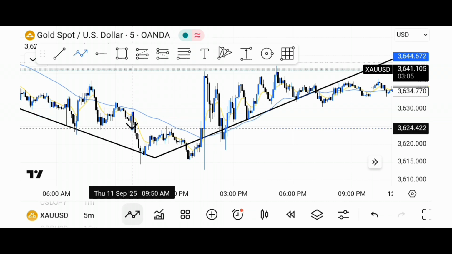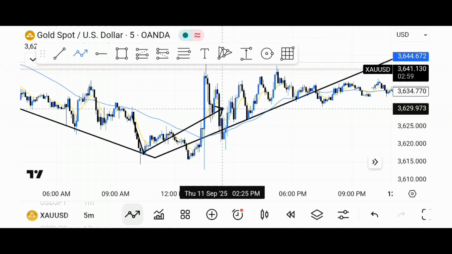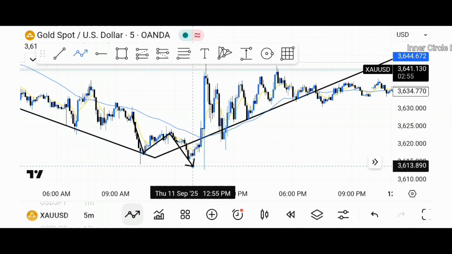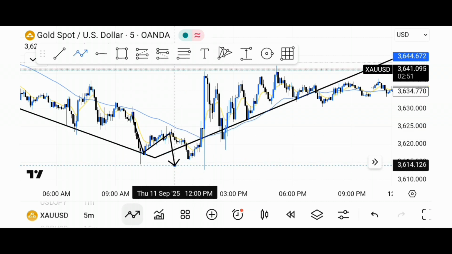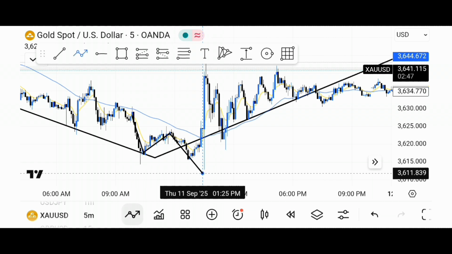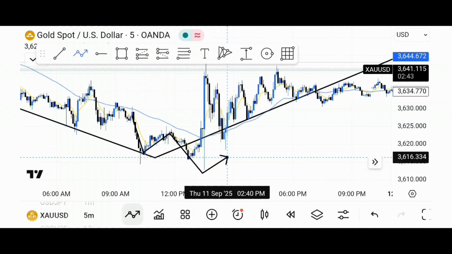So after one, okay, after that push, then another one again, then you can see after this last down candle, there was no candle to push down again. You can see that there's nothing again, nothing below here.